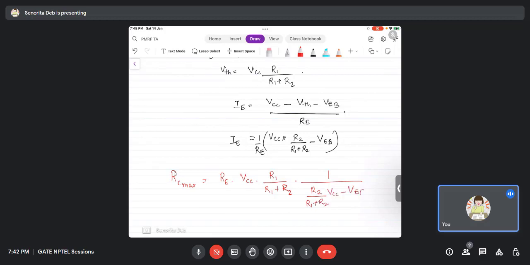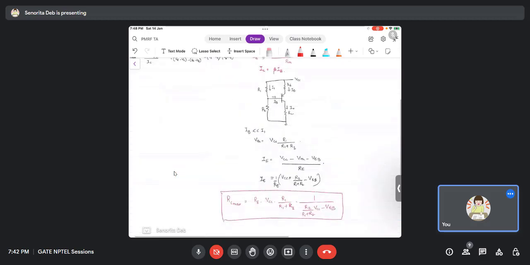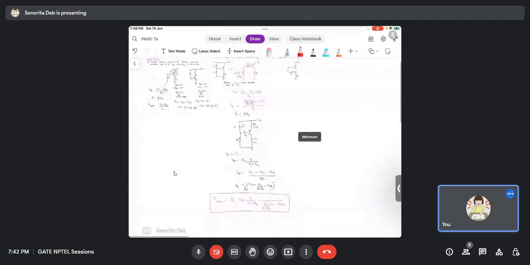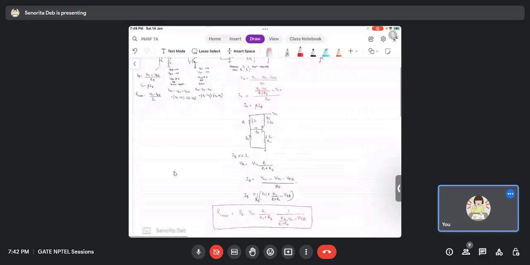Please try to come to this point. Just see the derivation that I have done. I don't know whether you will be able to see it or not. Please go through the derivation.